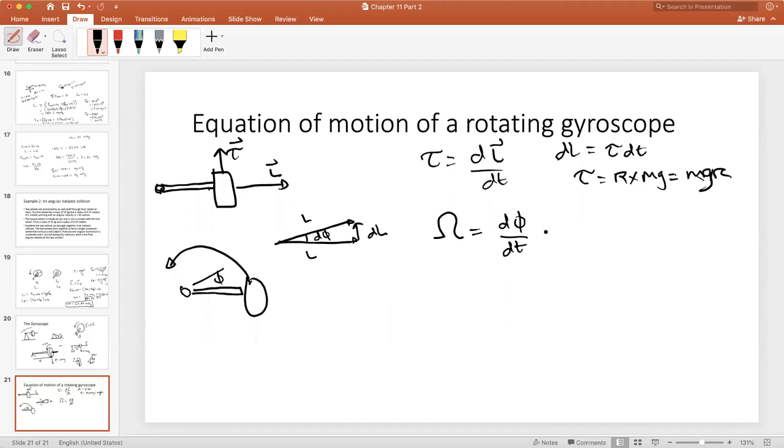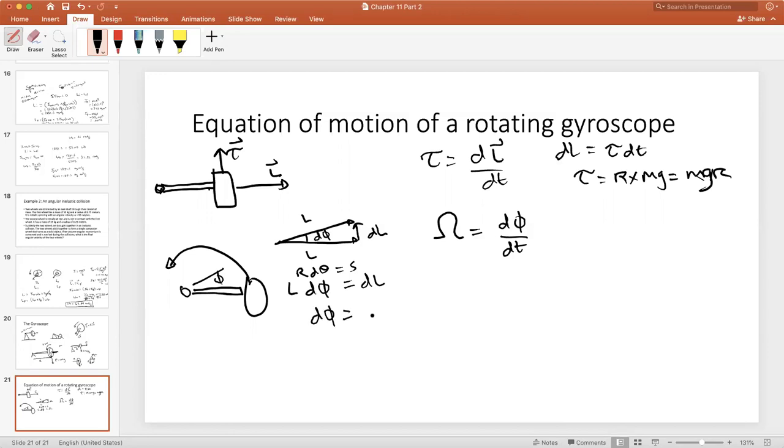Okay, so we get that L d phi is equal to dL. This is R d theta is equal to S, right?